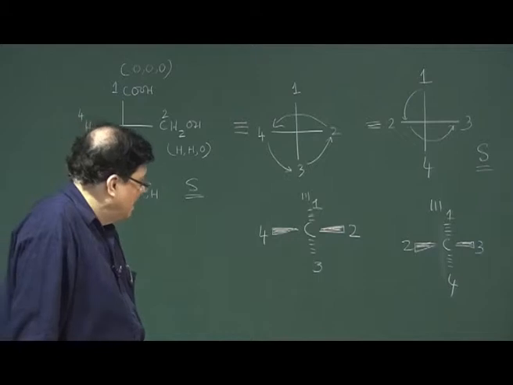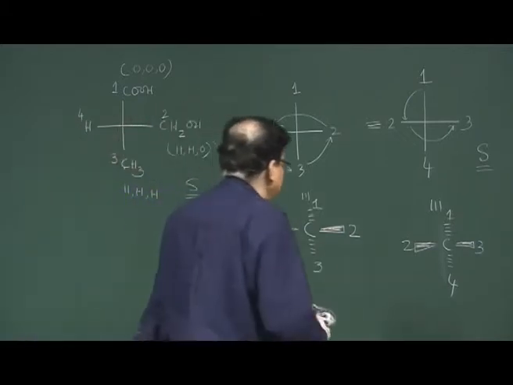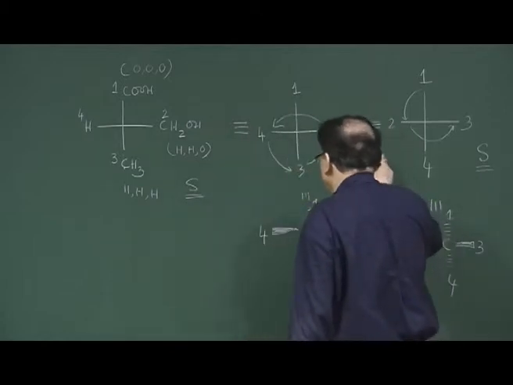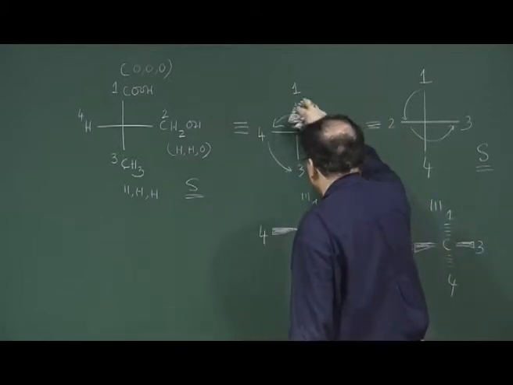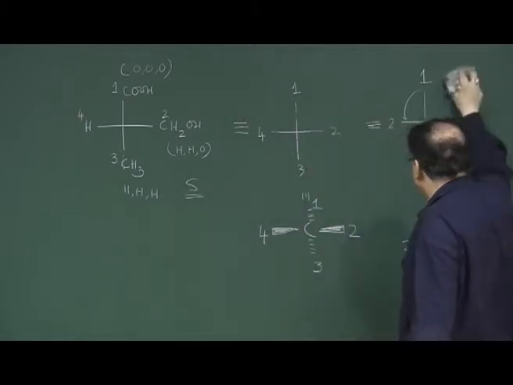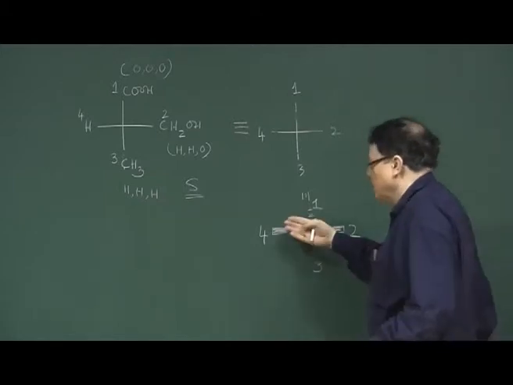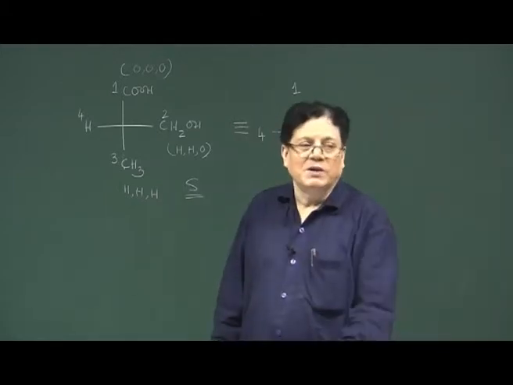Okay. The other way to do it is to not make any changes, just keep whatever is there. So, basically this was our structure. The fourth group is now occupying a direction which is towards the observer.